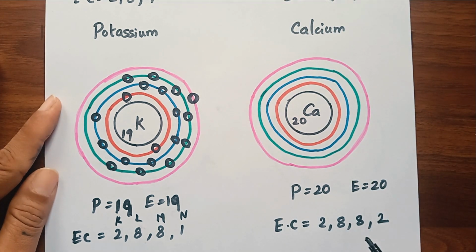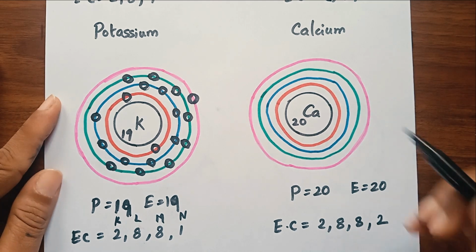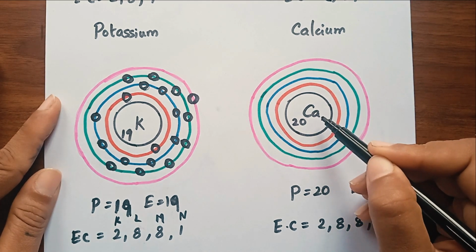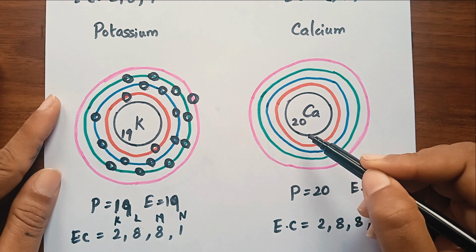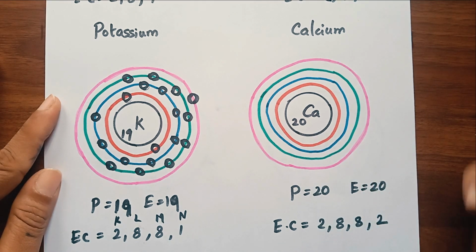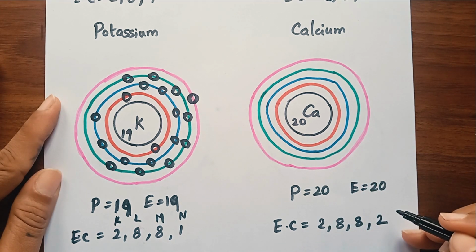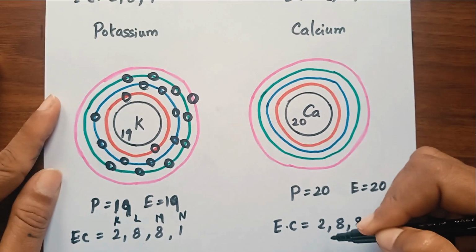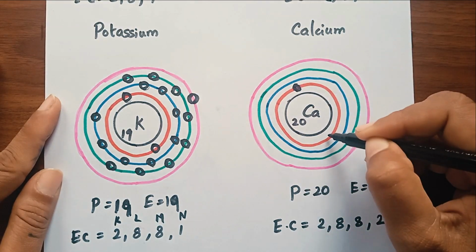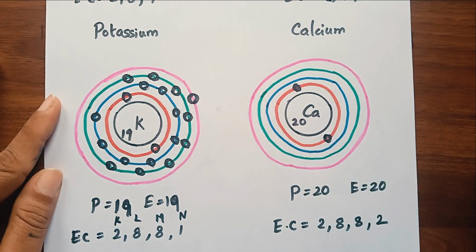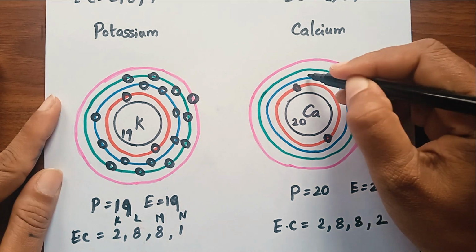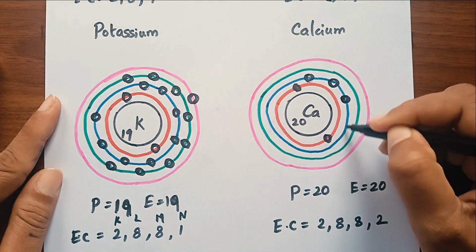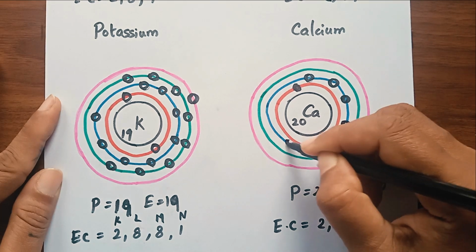Now we'll see calcium. The calcium symbol is capital C and small a, and the atomic number is 20. So the number of electrons will also be 20. We'll start filling it. First 2 electrons in the first shell and 8 electrons: 1, 2, 3, 4, 5, 6, 7 and 8.